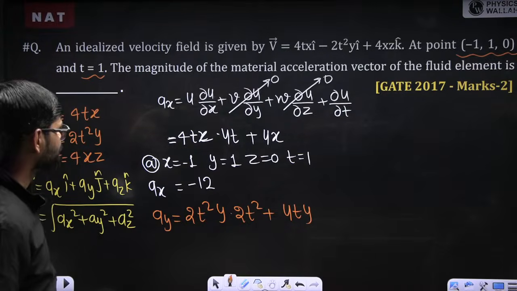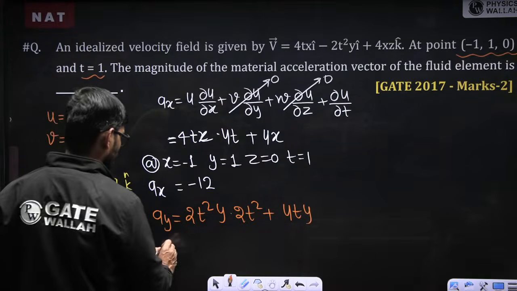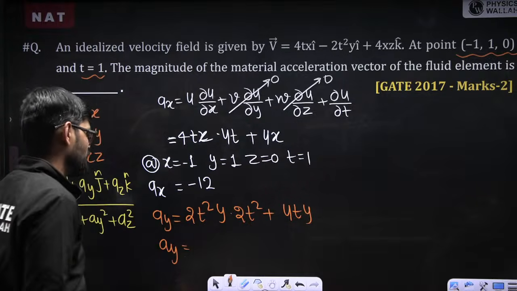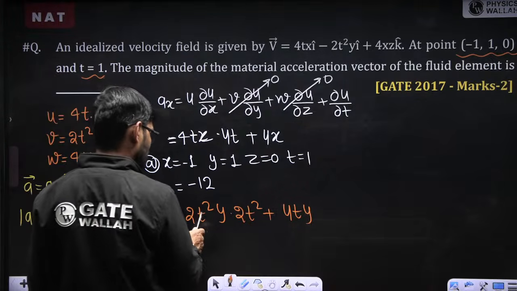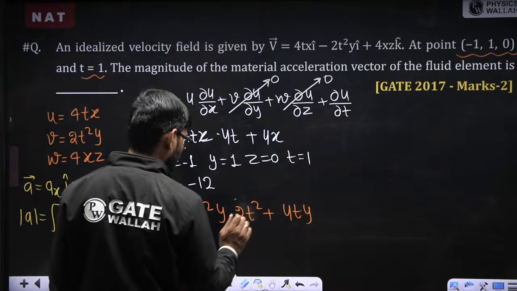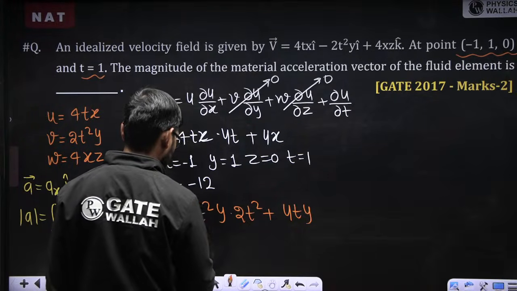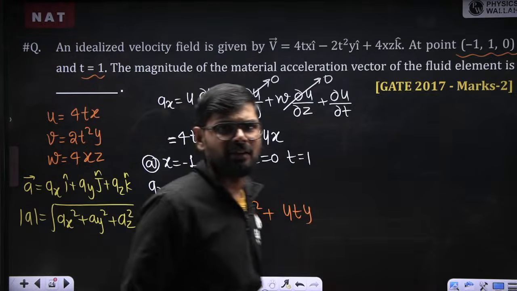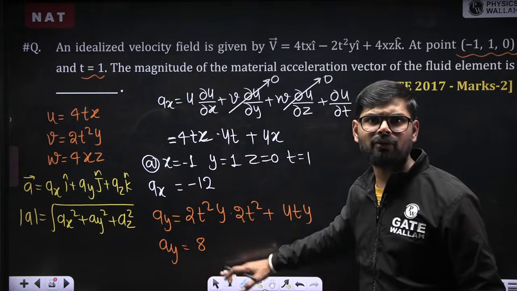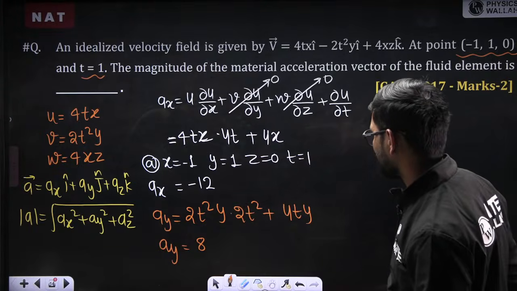At this particular point, y value is 1, t value is also 1. So 2 2s are 4, 2 2s are 4, 4 4s are 8. Please check. Please everyone tell me the values: AX value, AY value, AZ value.